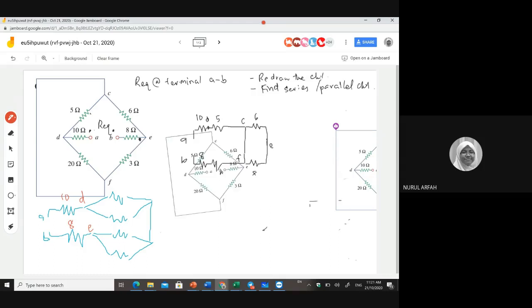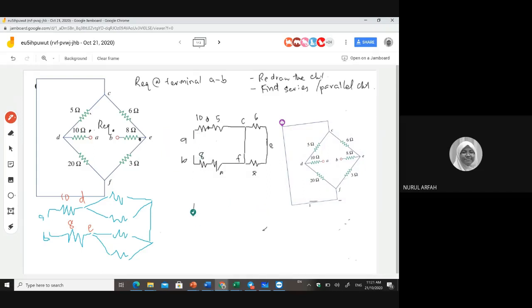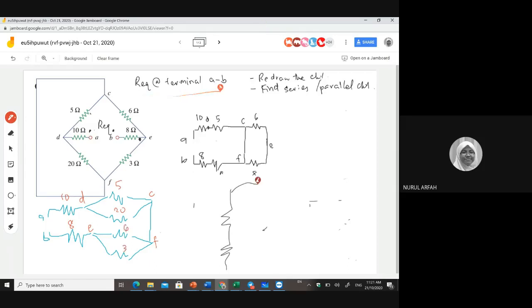Okay. And then what is this? Oh, apa tu? Okay. D. This is 5 and 20, right? And then this is C. This is F. And E. And this is 6 and 3.